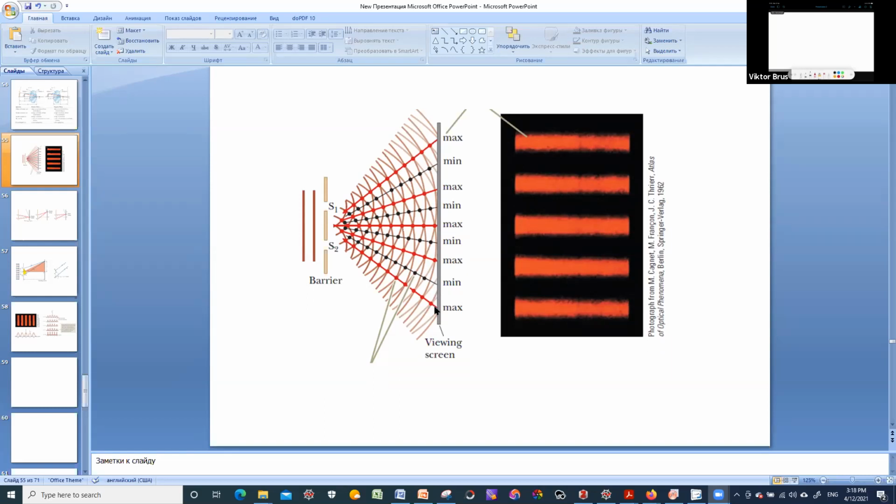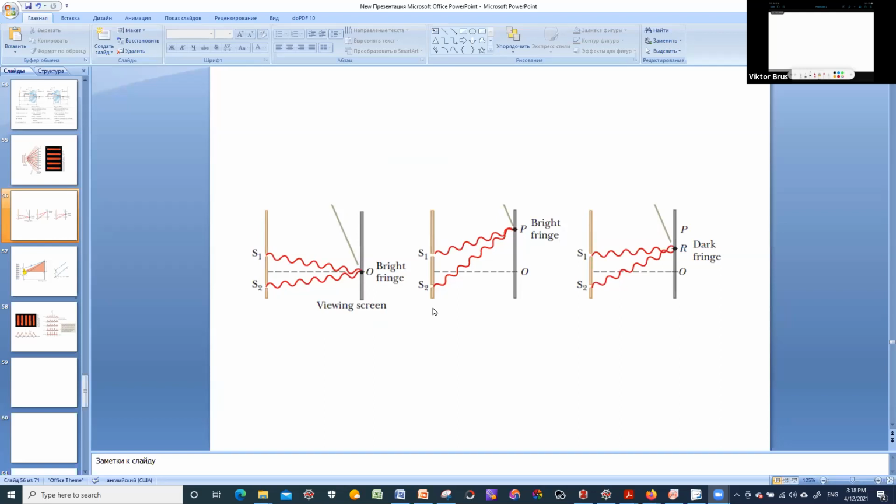So here is another illustration of in phase and out of phase conditions, when we see bright and dark fringes.